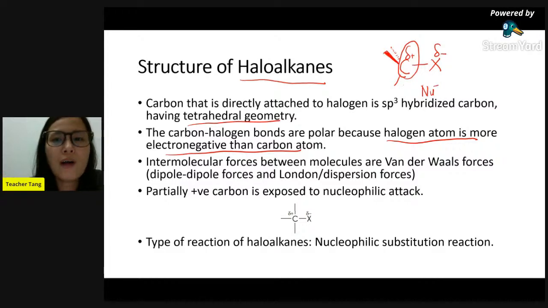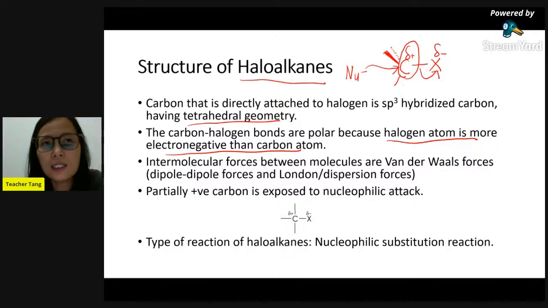Later you will see the nucleophile attack from the back in the SN2 reaction mechanism, to replace the halogen.